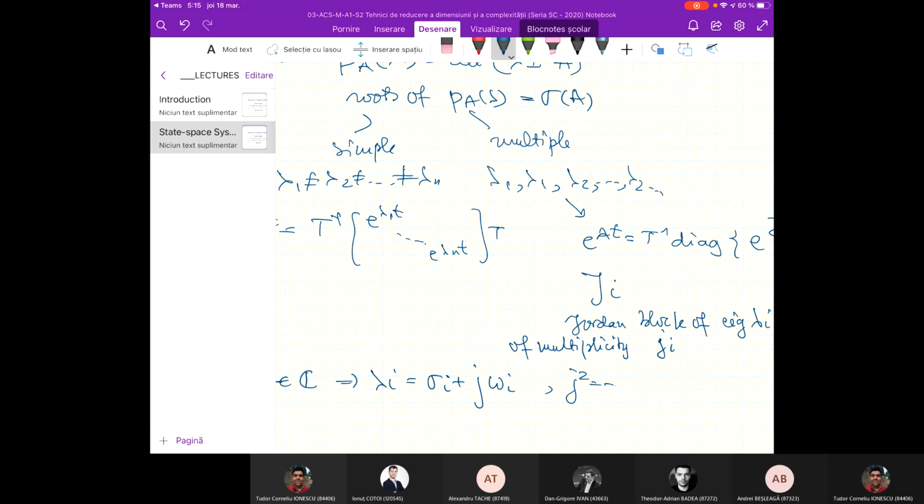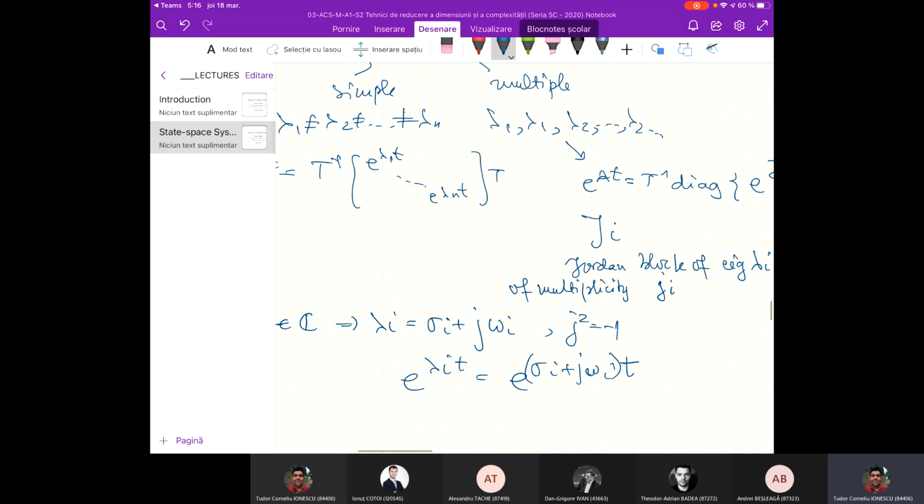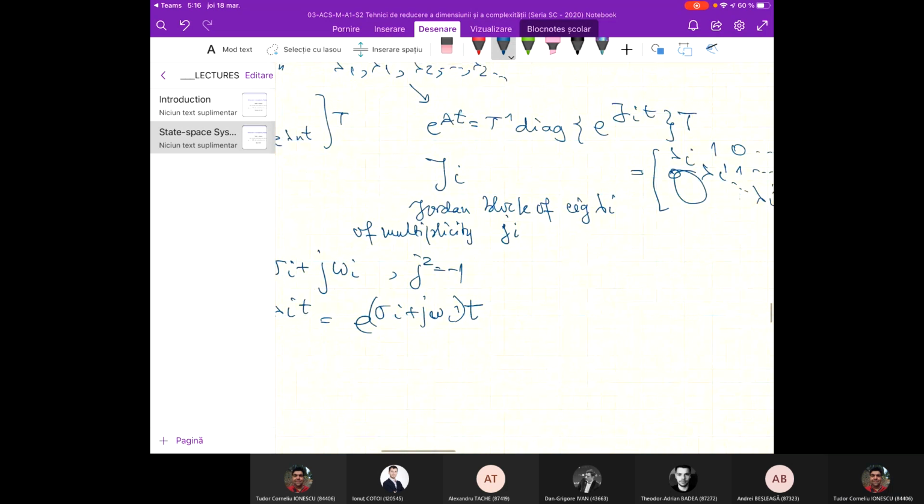Now, the exponential of lambda i t is the exponential of sigma i plus j omega i times t. Agreed? This is further e to the power sigma i t times e to the power j omega i t.